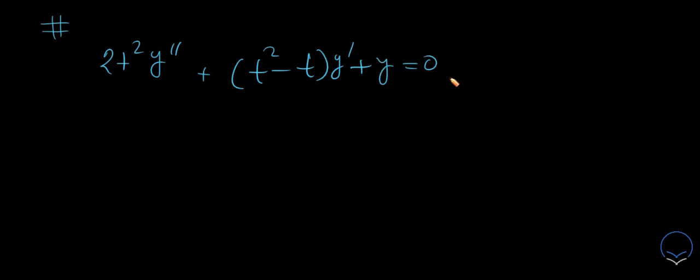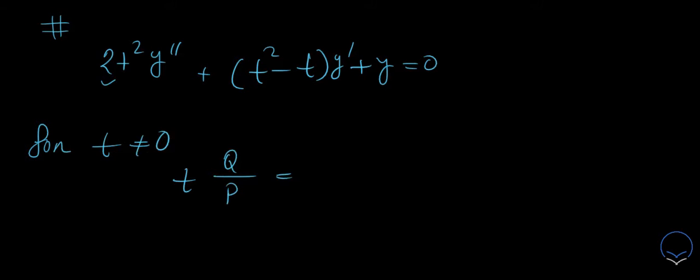For t not equals to 0, we can see that t times q by p, because this is your p, this is your q, and r is just 1.